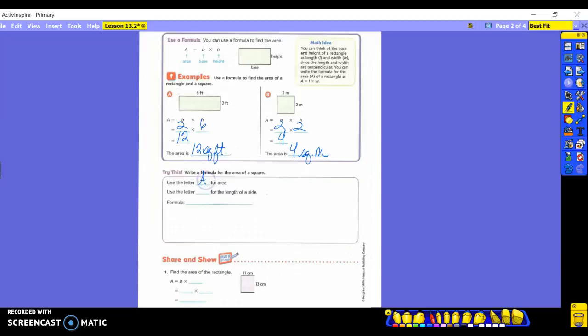Still A. And then what are we going to use for the length of the side? S. So area equals, what is it? What did we do over here? S times S, side times side, right? Didn't you take a side times another side? Yeah. So that's another way of doing your square.